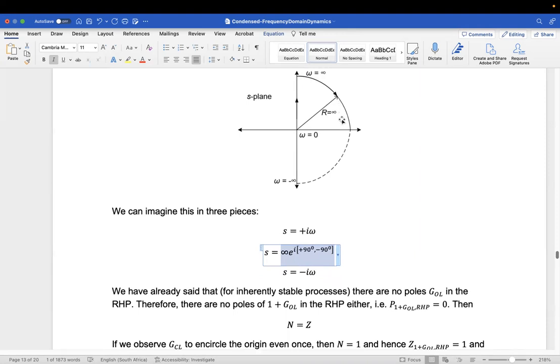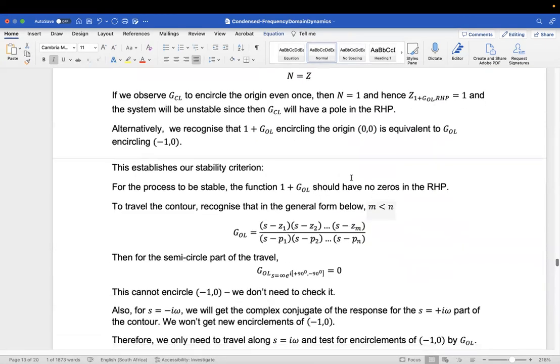And if we think about S values like that, and if we think about our G open loop function, remember G open loop looks like this. By the end of the day, we can decompose it into a form where we are multiplying S minus Z up to M of them in the numerator, and S minus P up to N of those in the denominator.